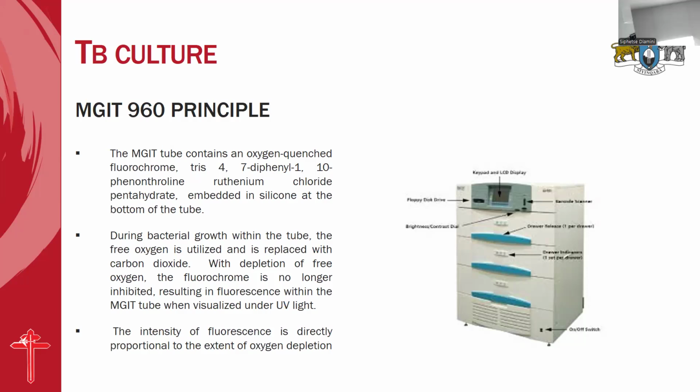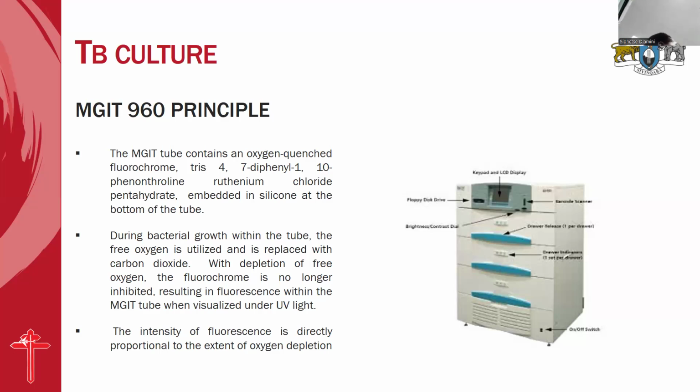So the intensity of the fluorescence is directly proportional to the extent of the oxygen depletion. So the more the TB consumes the oxygen, the more the fluorescence is going to increase. So that's why it says it is directly proportional.